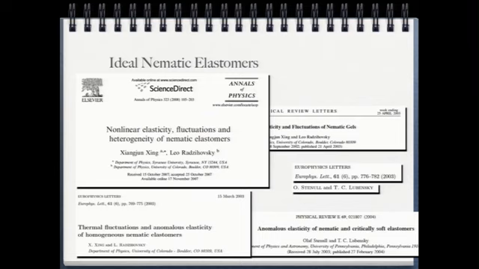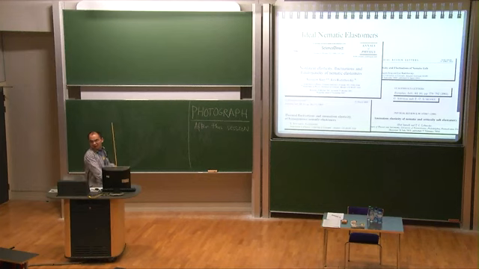Lubensky and his postdoc published an EPL back-to-back with our paper in '03, and they published a long paper much earlier, in '04. Many results discussed in these two bodies of work are similar.